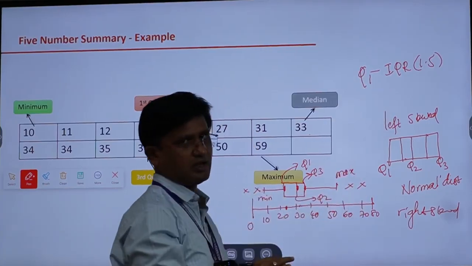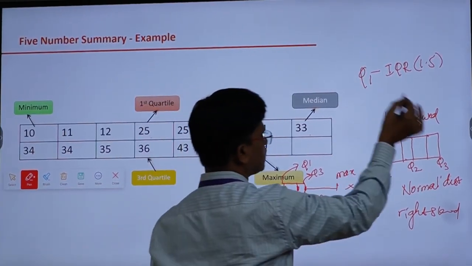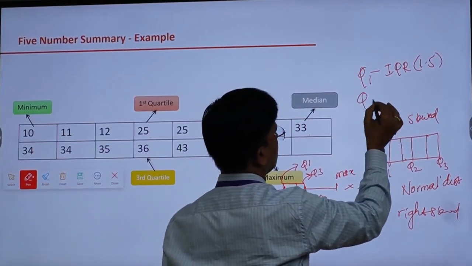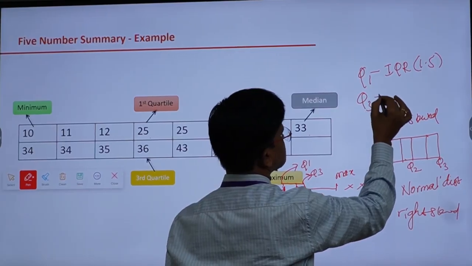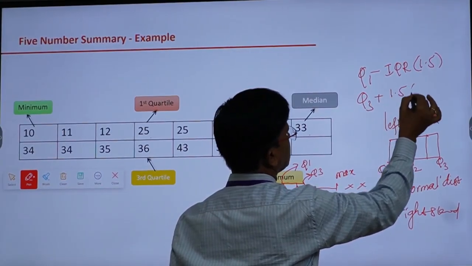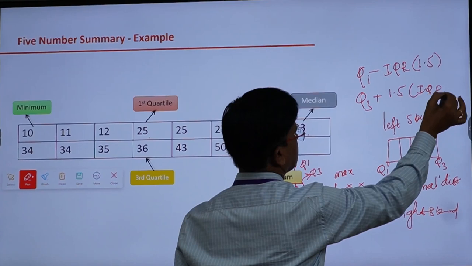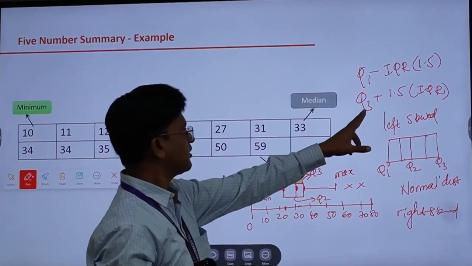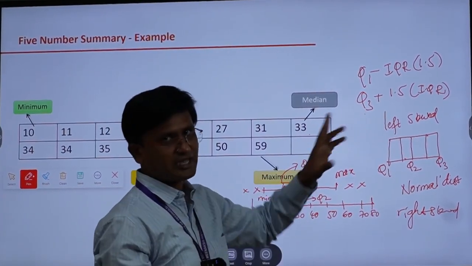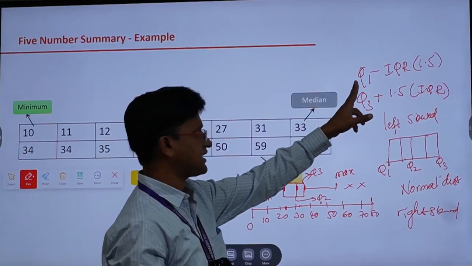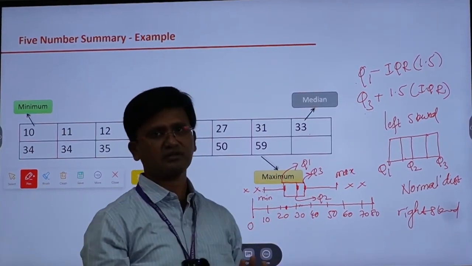This is for lower outliers. For the upper outliers, it is Q3 plus 1.5 into IQR. If any data points fall beyond this, then we can call it an outlier. If any data points fall less than the lower limit, then we can call that an outlier.